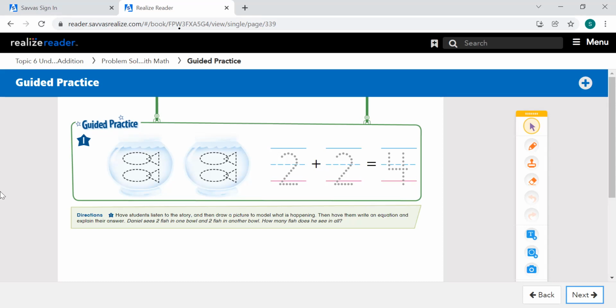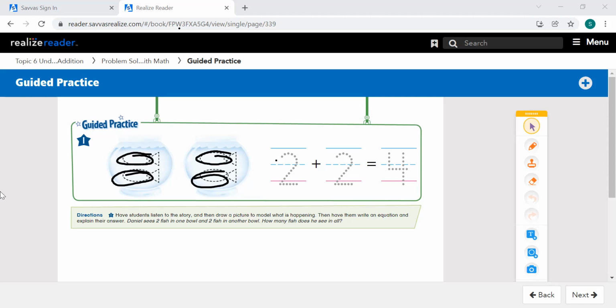You can trace them. You don't have to draw a fish. You can trace them, and you can just draw a circle if you would like to represent 2 fish in that bowl, 2 fish over here. So now we're going to write an equation to solve.